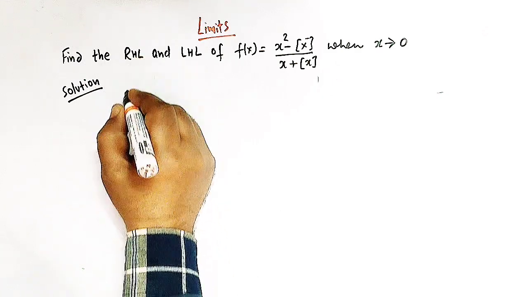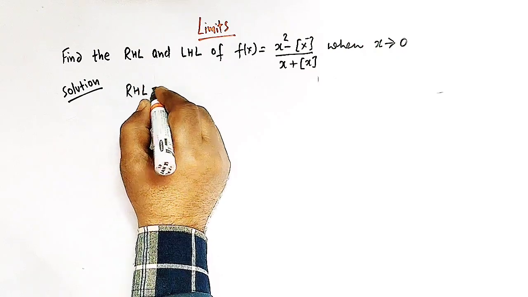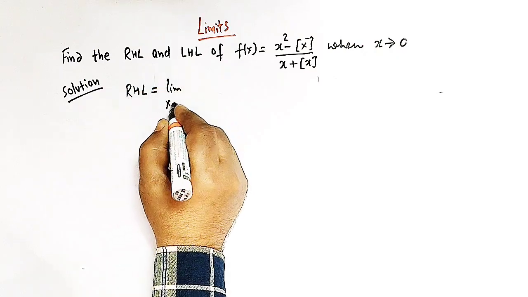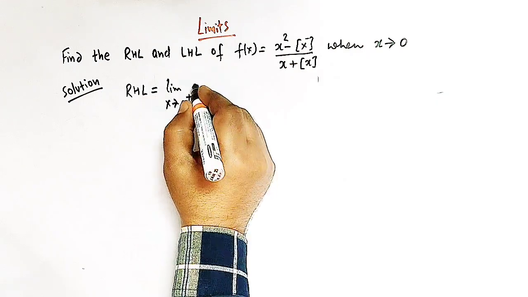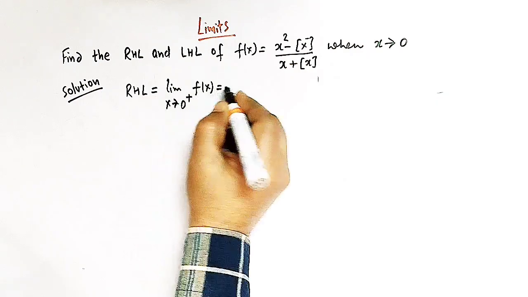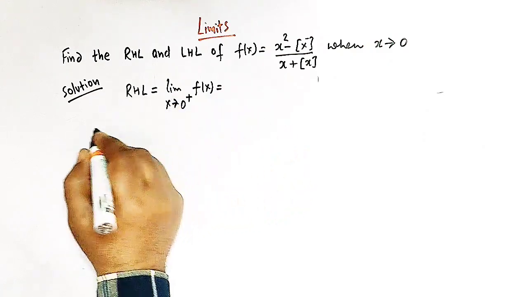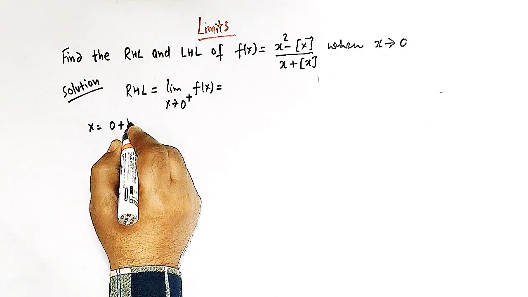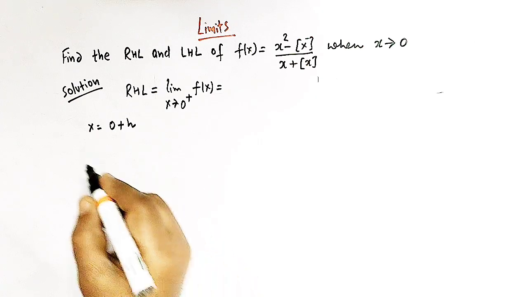So let us first find the right hand limit. So for a right hand limit, the notation is limit, and here we have x tends to 0, and we put a positive sign here, and here we have f of x. So now for getting the right hand limit, we'll take x is equal to 0 plus h, where h is a positive quantity and it is infinitesimally very small.